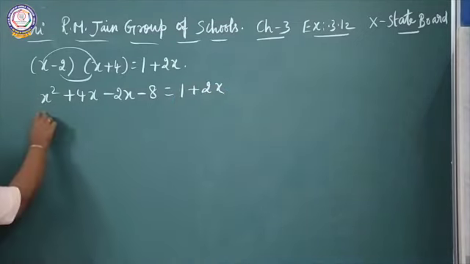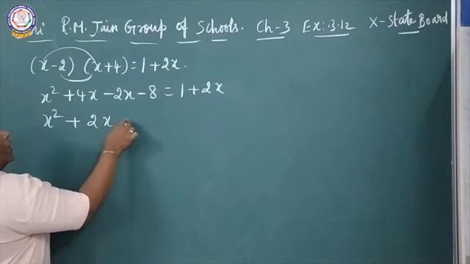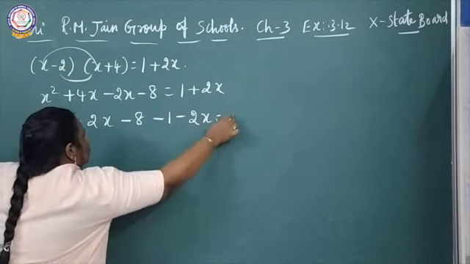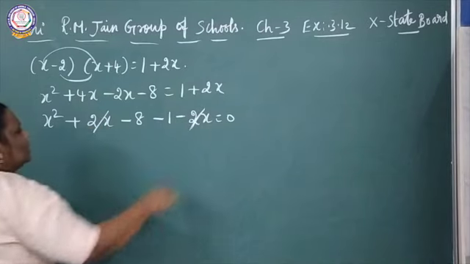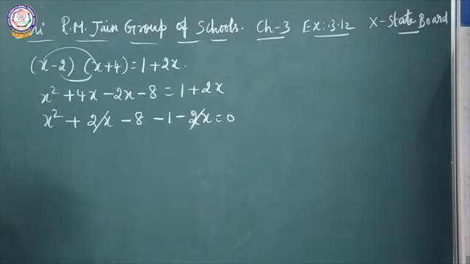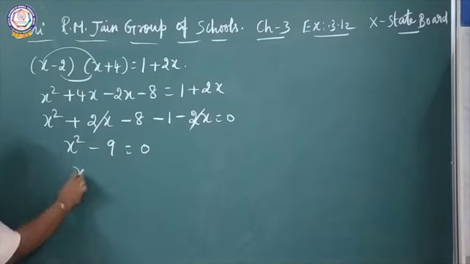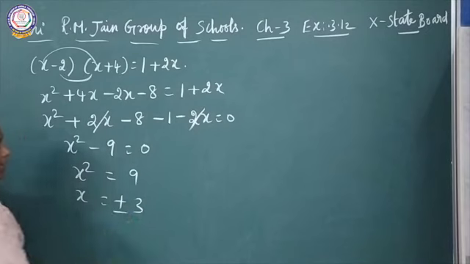So x square plus 2x minus 8 minus 1 minus 2x equal to 0. You bring all the terms to one side. Plus 2x minus 2x get cancelled. x square minus 9 equal to 0, so x square equal to 9, and x equal to plus or minus 3.